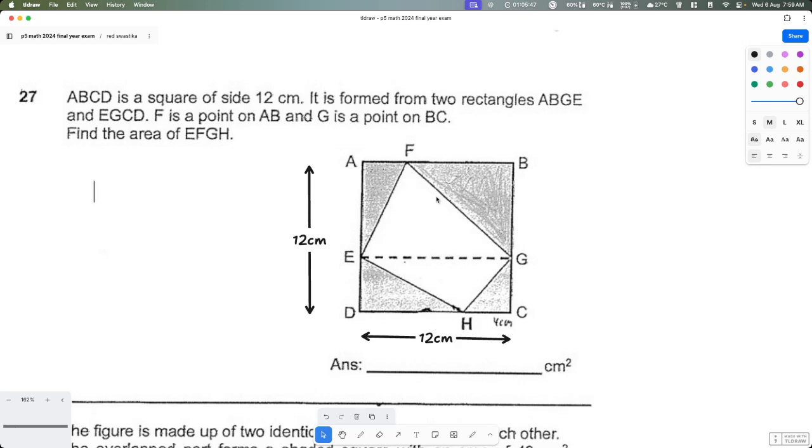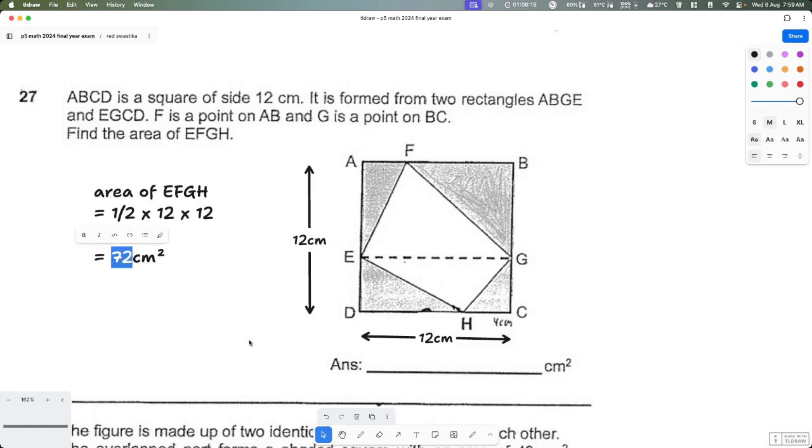So the area of EFGH is equal to half times 12 times 12, which is half times 144, or okay, 6 times 12, which is equal to 72 centimeter square. There you go, that's the answer. So simple. Yes, it is.